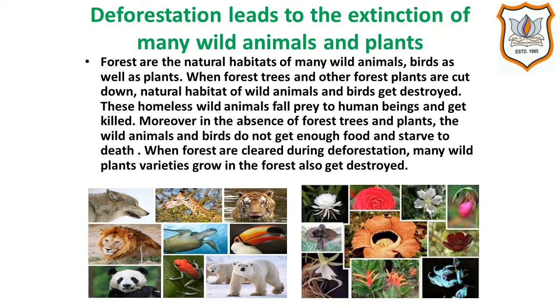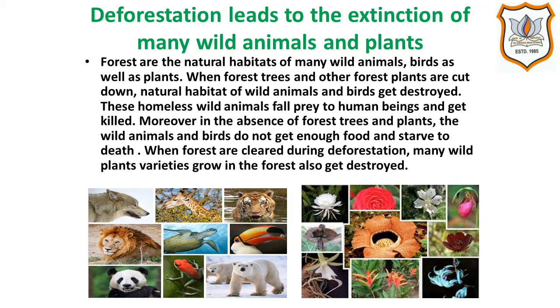Now students, the last consequence of deforestation is that deforestation leads to the extinction of many wild animals and plants. Forests are the natural habitats of many wild animals, birds as well as plants, as you all know. When forest trees and other forest plants are cut down, the natural habitat of wild animals and birds gets destroyed.